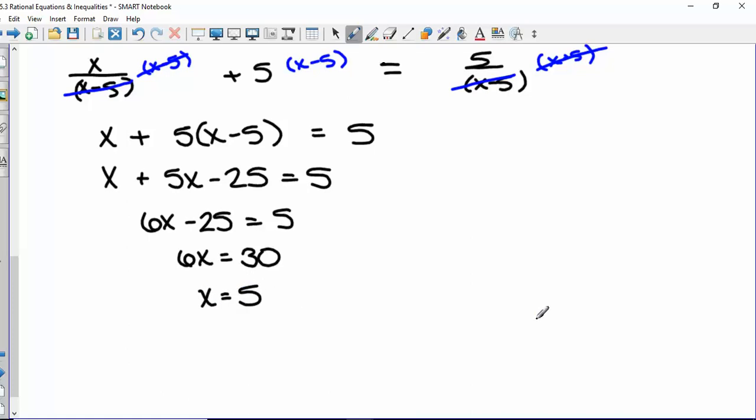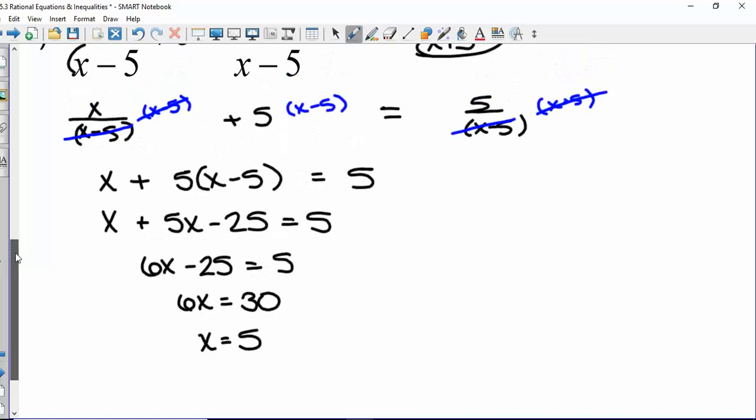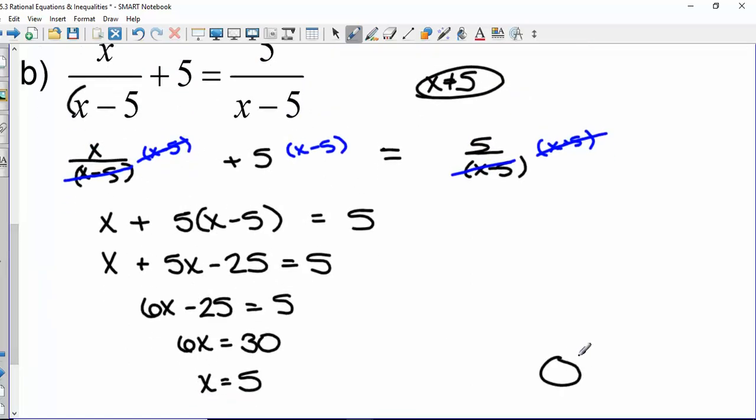Divide, so x is 5. Yeah, we said x can't be 5, and we got 5, so that means it's no solution. So far, so good? Let's try just a couple more and we'll stop for today.